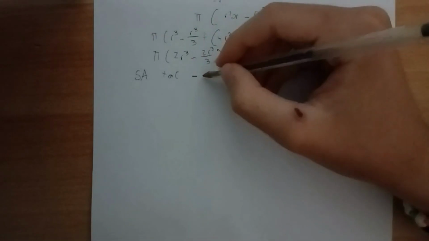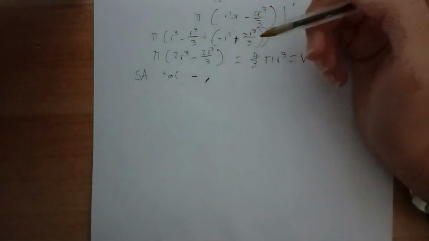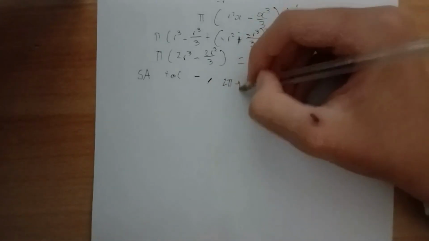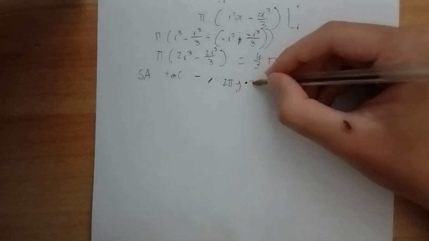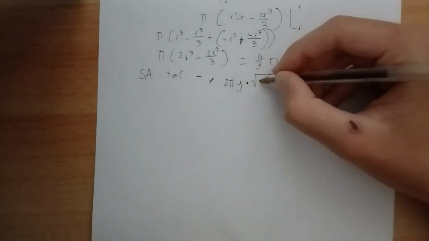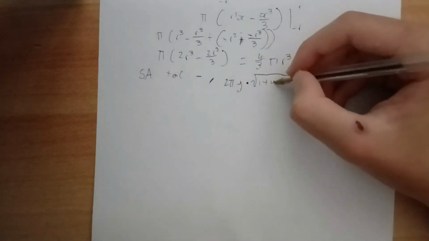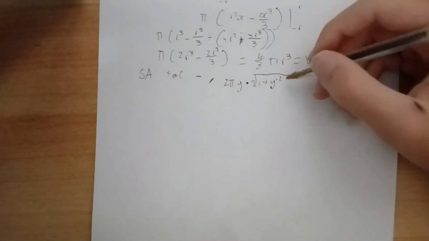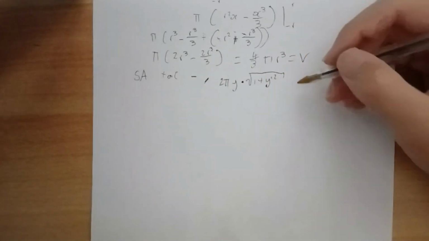So we need to account for the actual curvature of the function. That's why we can't just do 2 pi y. We have to tack on an extra bit, which is the square root of 1 plus y prime squared, which is just the arc length, to get the actual answer.